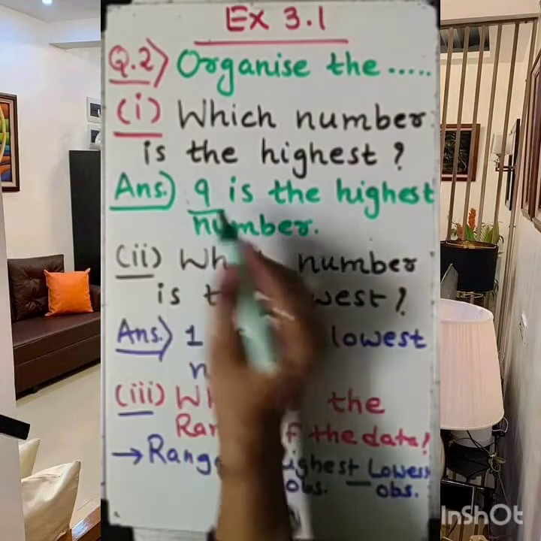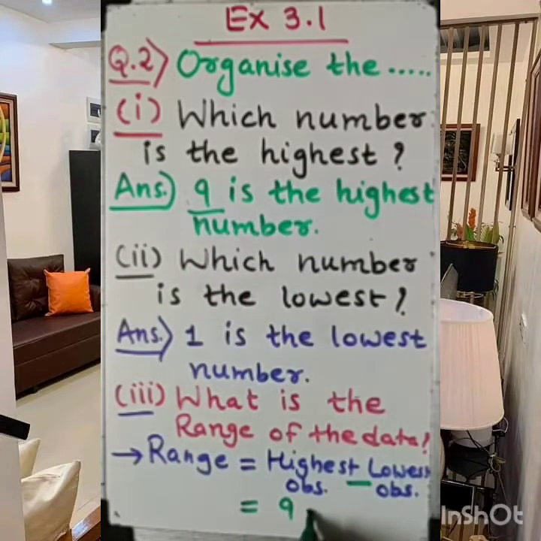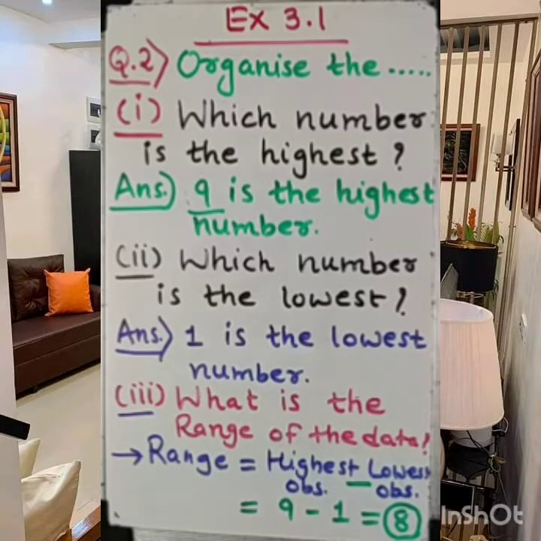So I need to mention 9 is the highest, minus lowest is 1. So 9 minus 1 is 8. So my dear student, the range of the given data is 8 here. Clear to you?